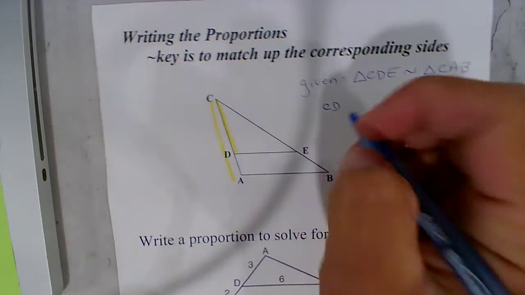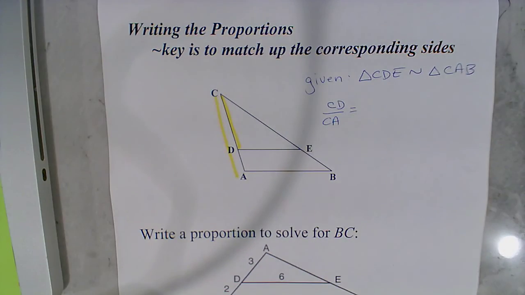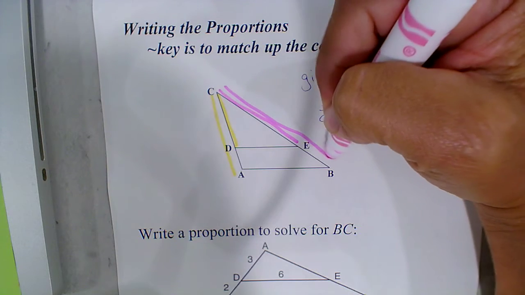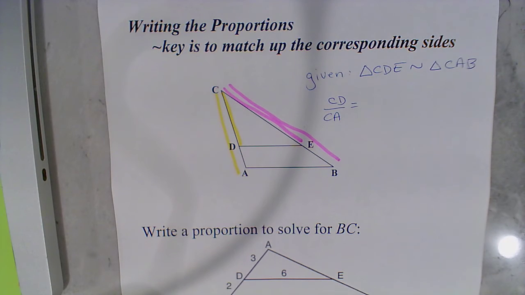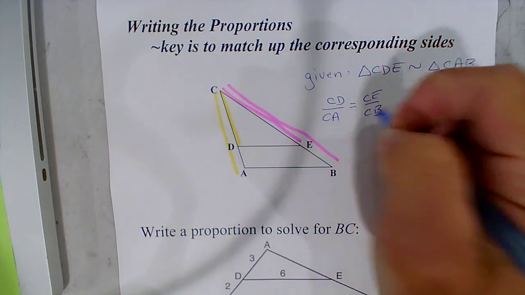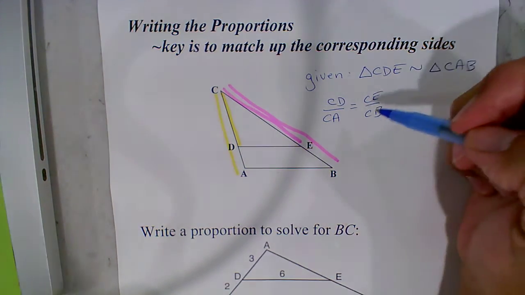So you could write the ratio of CD over CA. Then you can set that ratio equal to CE, which matches up with CB. So that's equal to CE over CB. In this case, I ignored these two, but maybe they were part of the problem. For right now, just focus.